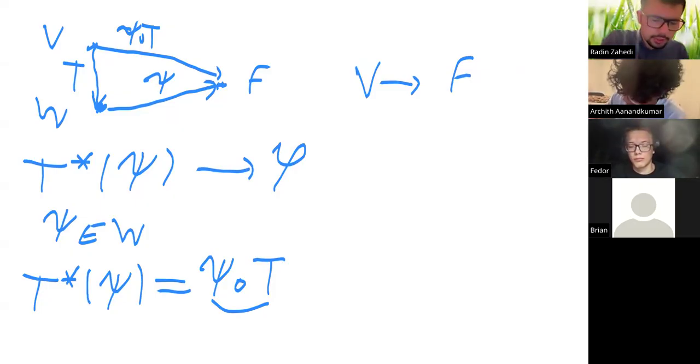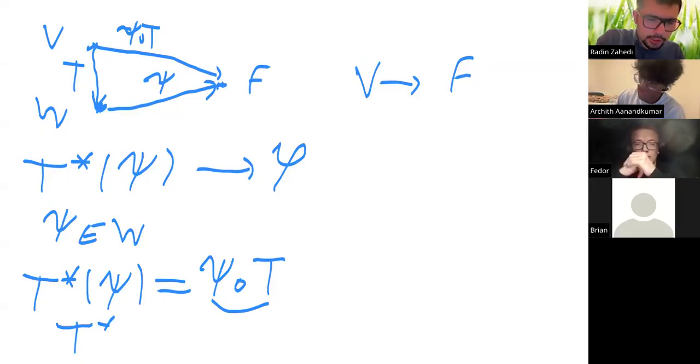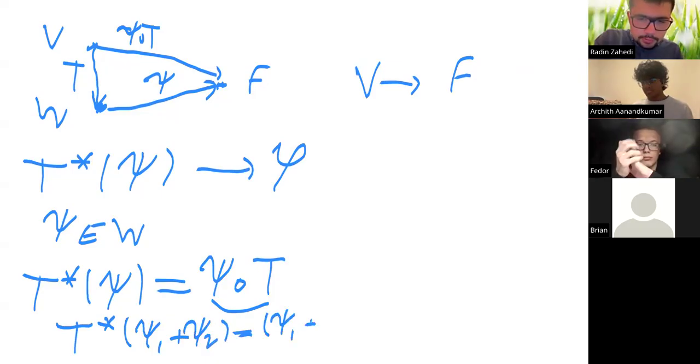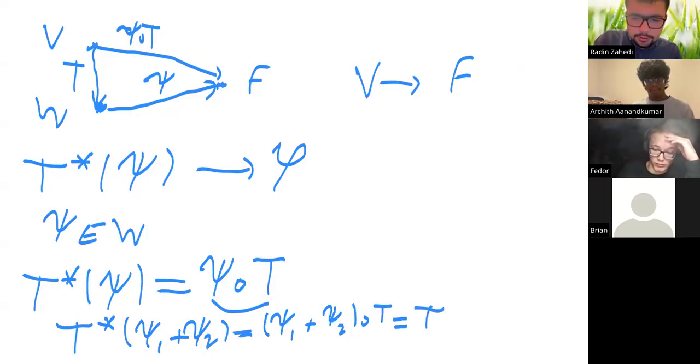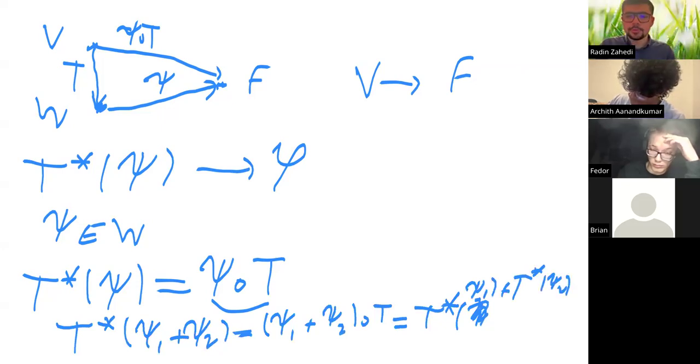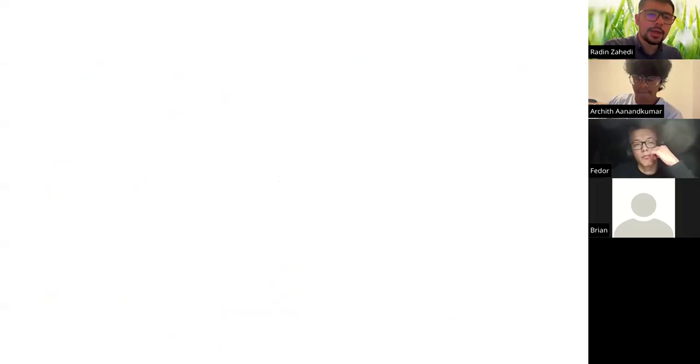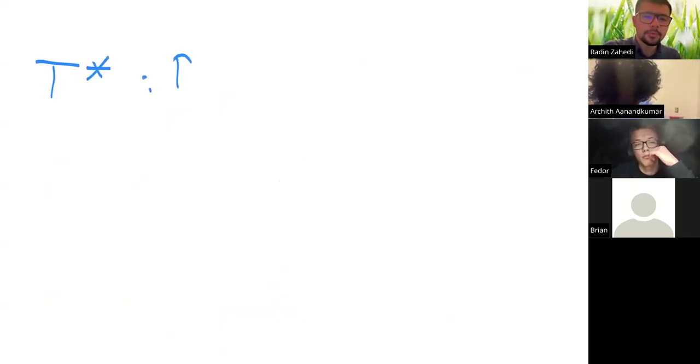That is, for example, T star of psi 1 plus psi 2 is (psi 1 plus psi 2) composed with T, which is merely T star of psi 1 plus T star of psi 2. So, yeah. And we call this T star the dual map of T.